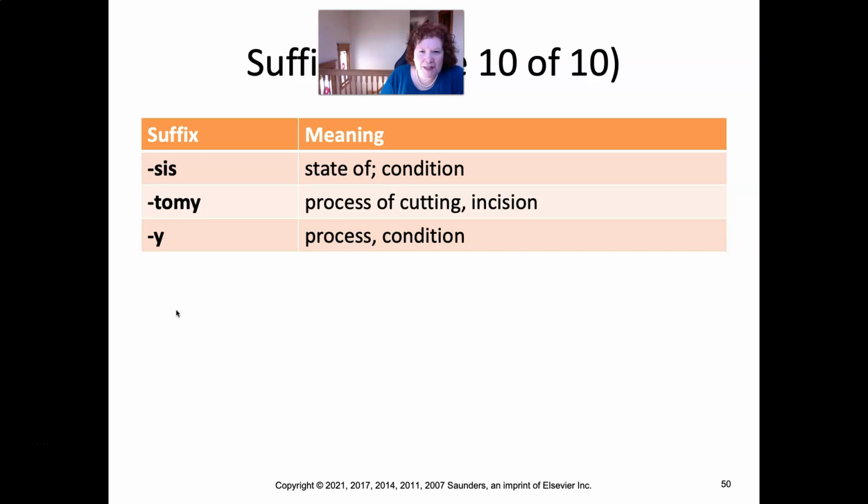Usually -otomy is preceded by an O, whereas -ectomy, obviously, it's an E. But -otomy is just making an incision, and it is just cutting into something. And -ectomy is where you cut it away completely. You're excising it. You're completely removing it. So make sure that you have that well in your mind. And then just using a Y means process or condition.